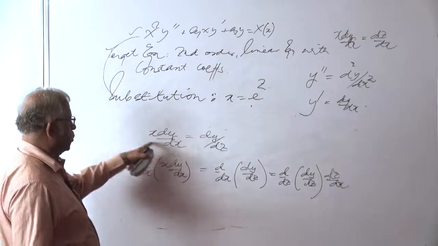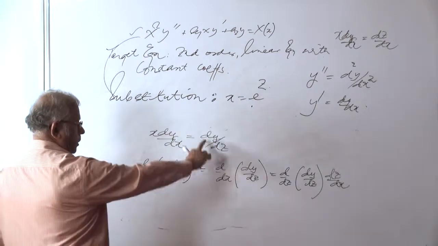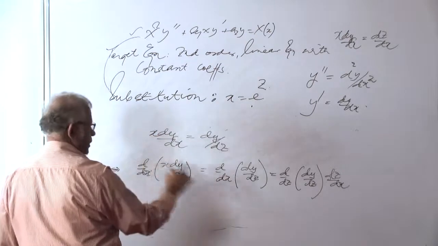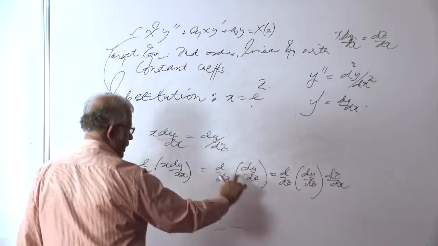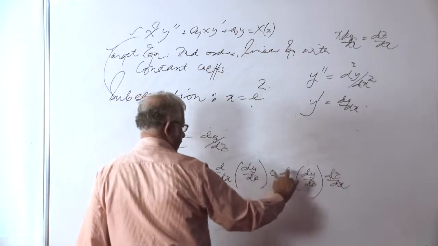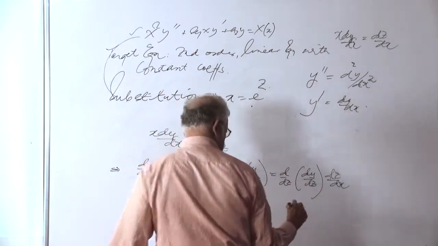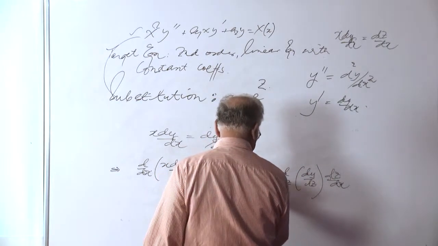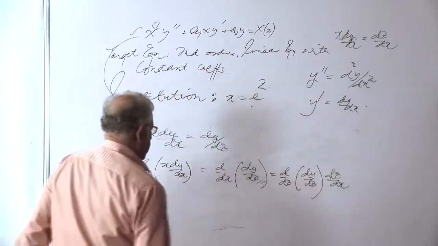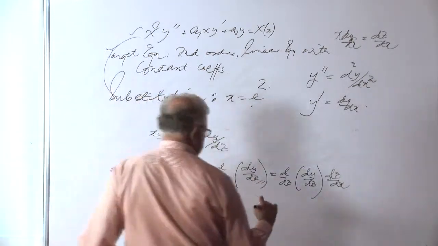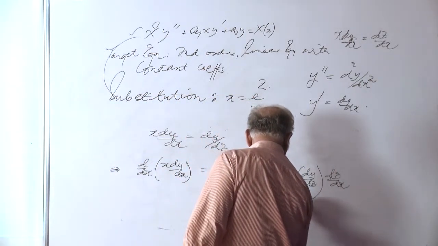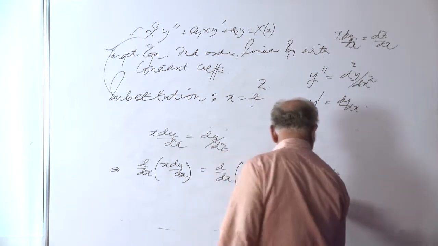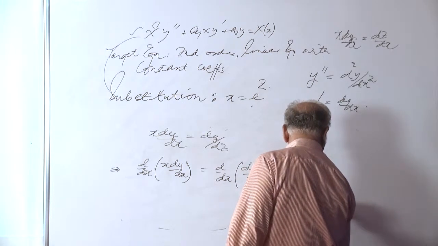On the right hand side we are differentiating with respect to x. So d dx of dy dz is d dz of dy dz into dz dx, which is nothing but d2y dz2 into dz dx, which is 1 by x.